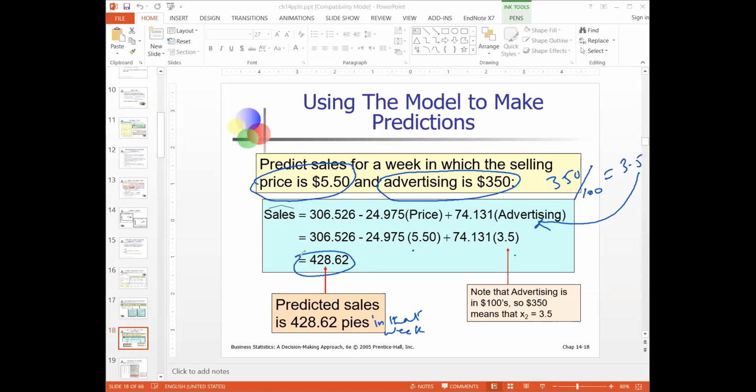So if my model is true, what should I do? I should plan to prepare these many pies and manage sales.